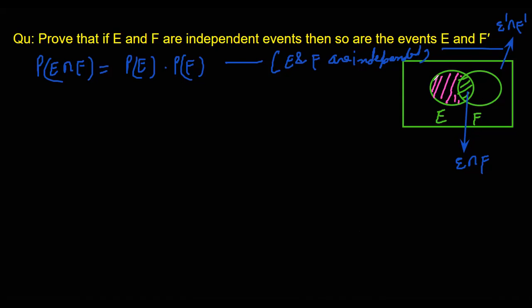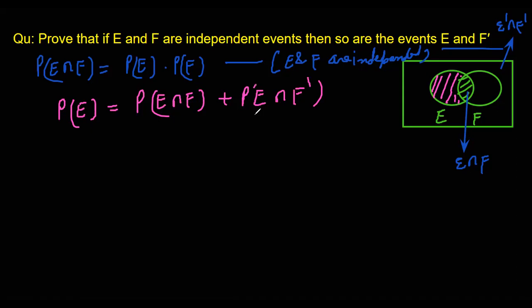If I add E intersection F complement and E intersection F, I get E. Can I write probability of E is equal to probability of E intersection F plus P E intersection F complement.